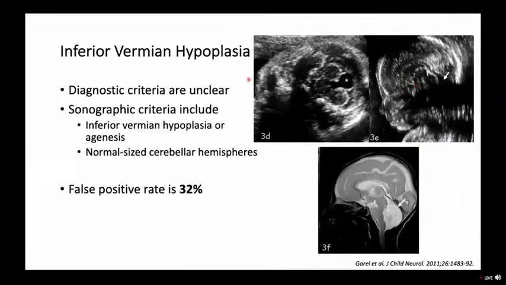Vermian hypoplasia is the term I'd suggest we all use. It looks kind of like a little keyhole abnormality. This is not that classic triangular abnormality. You see a little indentation of tissue here. The vermis is not absent, still present. This is not a great ultrasound picture, but the point of this mid-sagittal is this part is not tented up, okay?